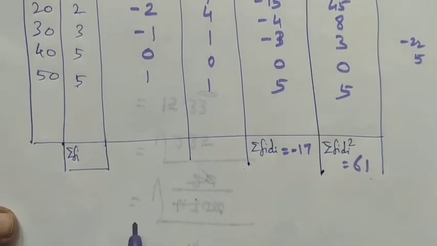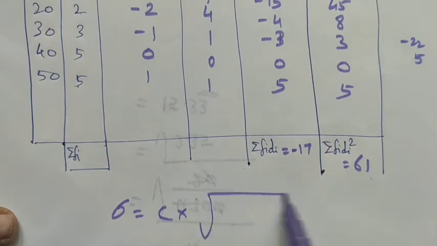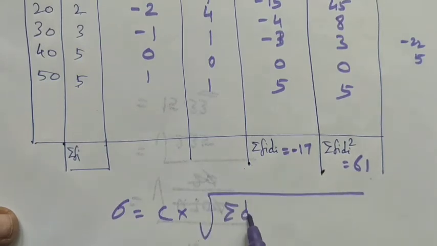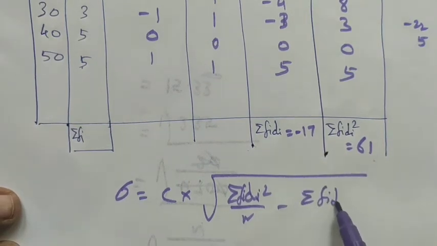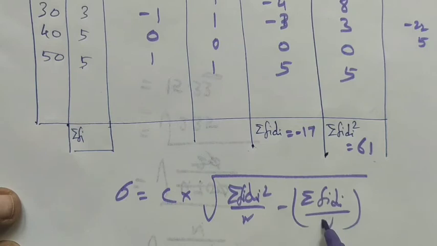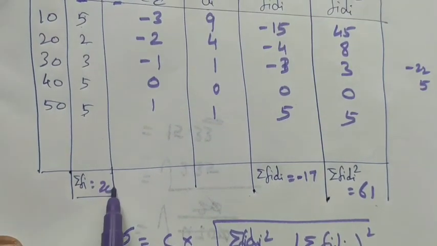So we know the formula: standard deviation sigma is equal to c into root of summation fi di square divided by n minus summation fi di divided by n, whole square. Summation fi is nothing but 20 students.